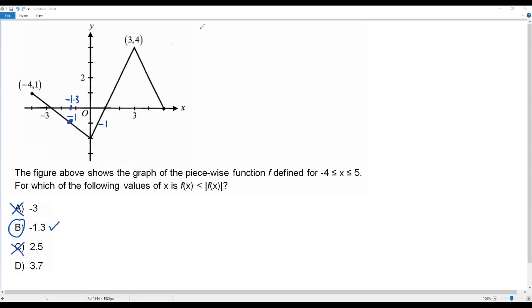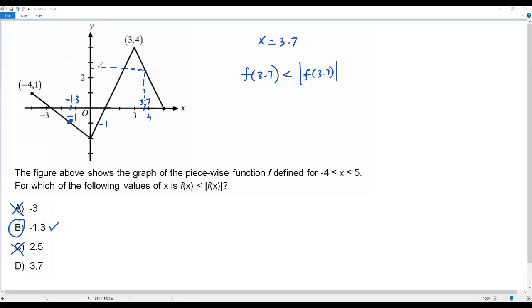Anyways, now let's verify option D, that is x equals 3.7. Let me plug x equals 3.7 into the given inequality, then f of 3.7 less than absolute value of f of 3.7. This is the value of the y coordinate when x equals 3.7. Here 3 is over here, this is 4, and 3.7 is approximately here. We have to get the corresponding y coordinate. Let me go to the graph. I think this is about 2.5, or it's close to 3.